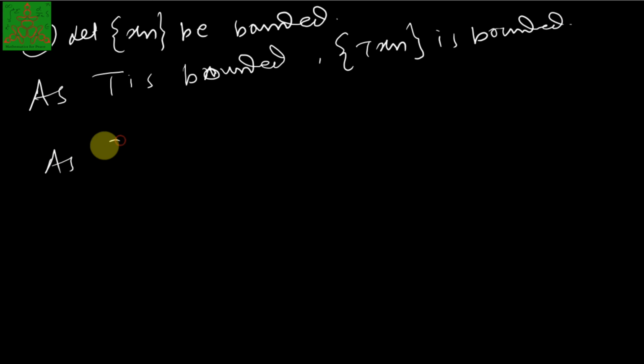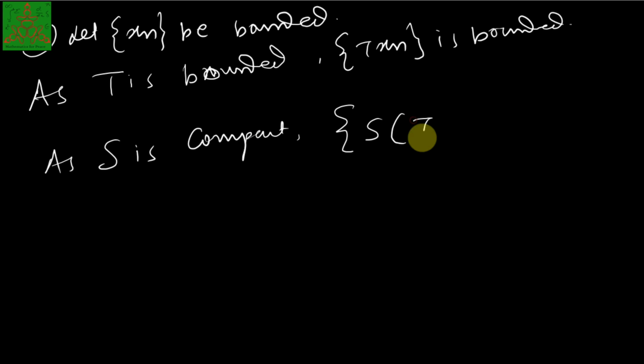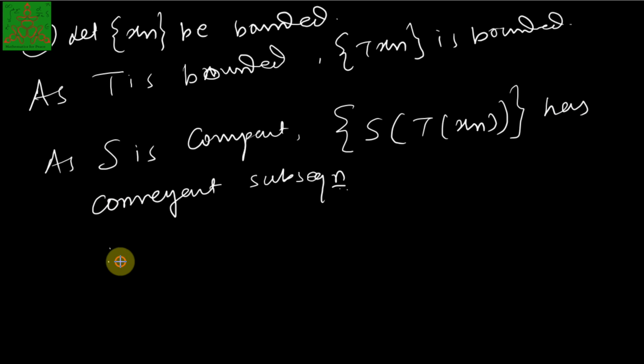As S is compact, S of T of xn has a convergent subsequence, and therefore ST is compact.